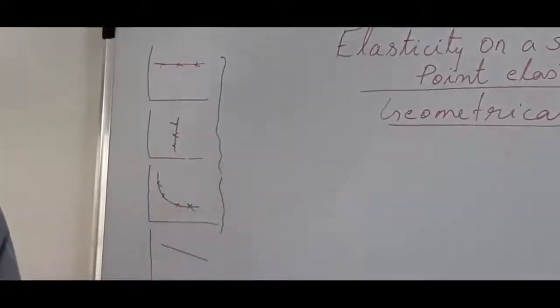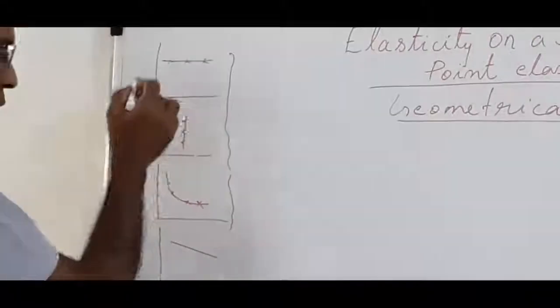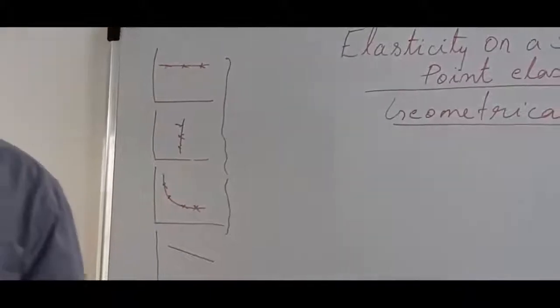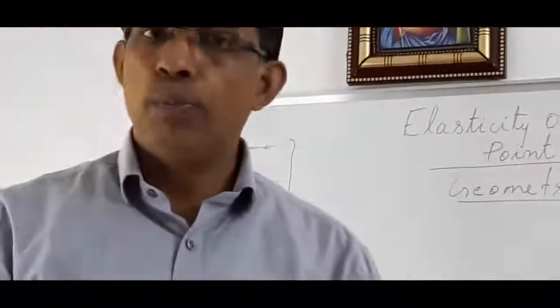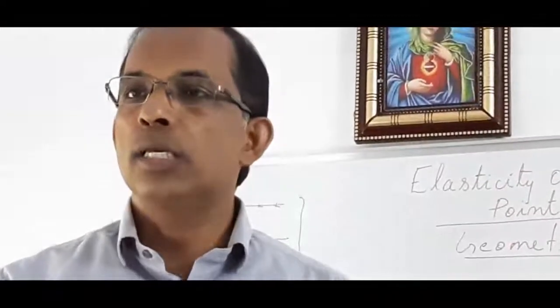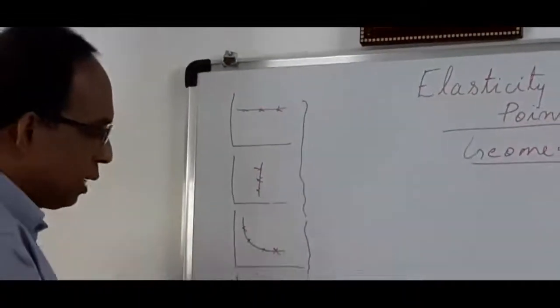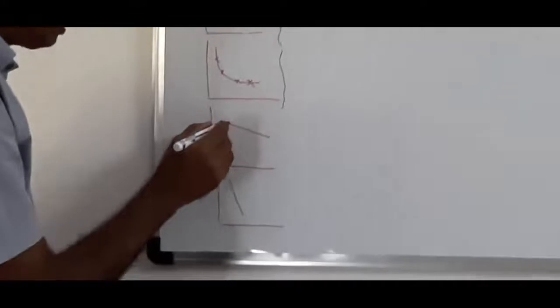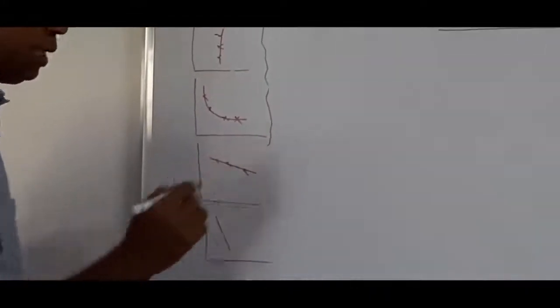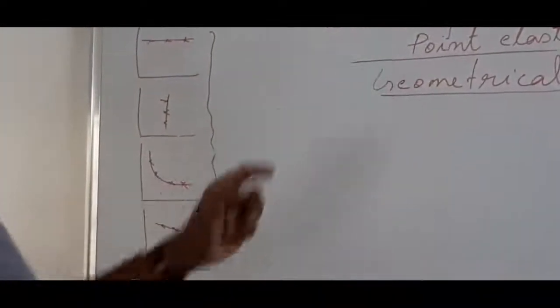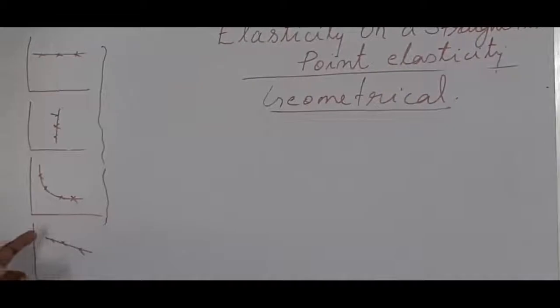Elasticity is equal to 1. So these 3 demand curves are called constant elasticity. At all points elasticity is constant. And in the other 2 cases, the elasticity is not the same at different points. Elasticity is different at different points on the demand curve. With this method, we calculate the elasticity at these different points.